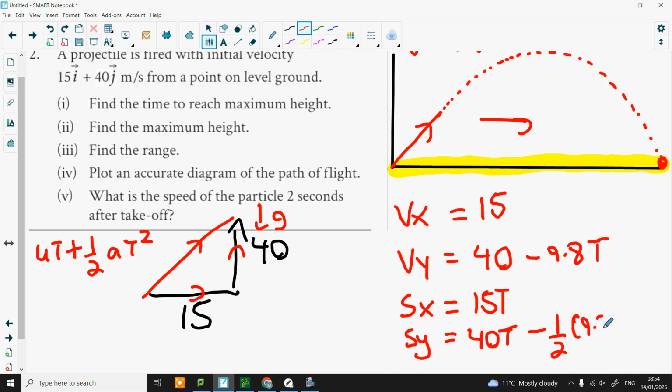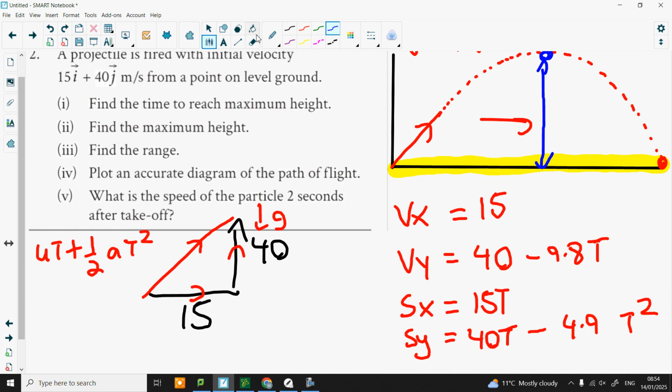So a half 9.8 times t squared. What is a half 9.8? 4.9t squared. You cool with that? These are your 4 equations of doom. Agreed? Now, it wants the time to reach the maximum height.